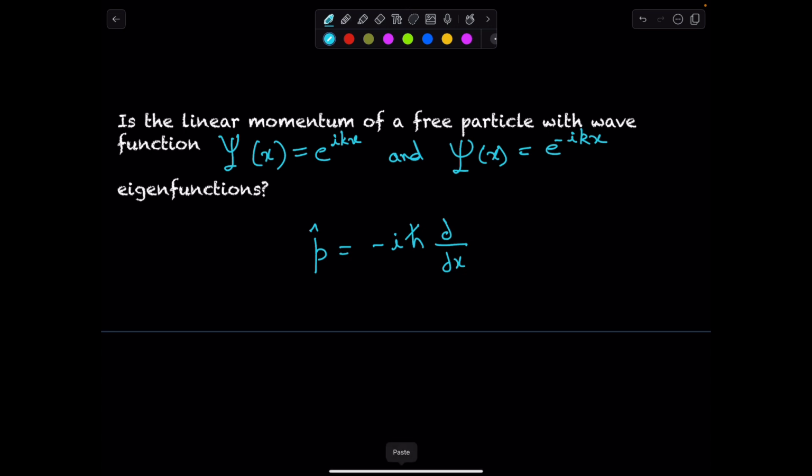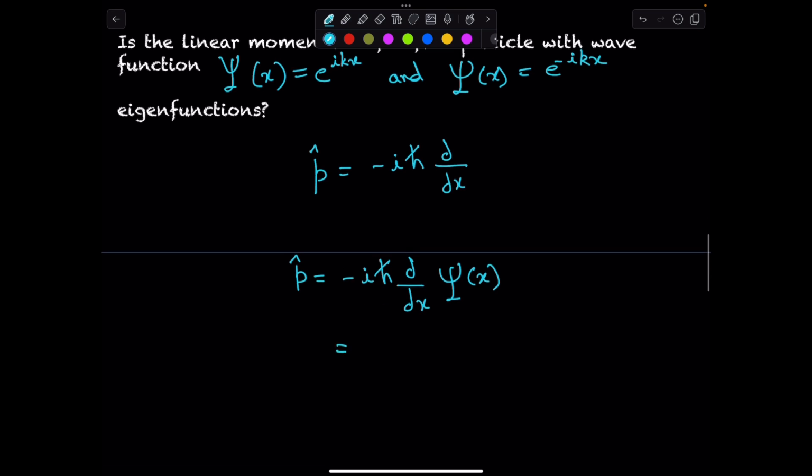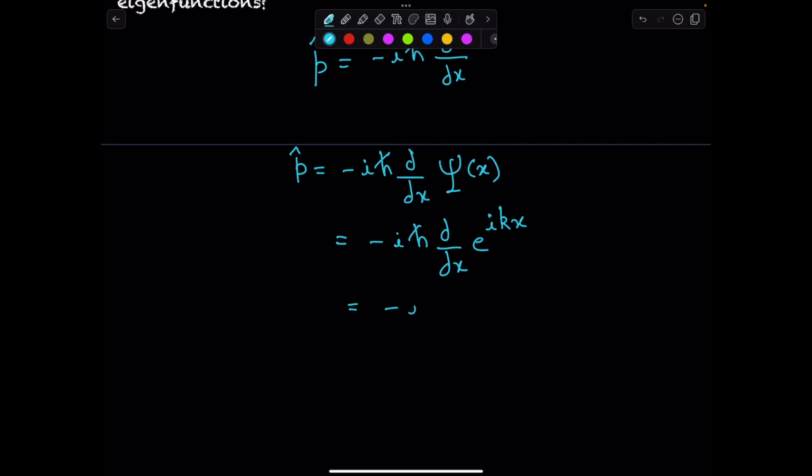So let us apply here minus i h cross d by dx of xi of x, which equals minus i h cross d by dx of e power ikx, which will be minus i h cross, the derivative here would be ik, since ik is a constant, times e power ikx. i squared is equal to negative 1, so we get h cross k e power ikx.